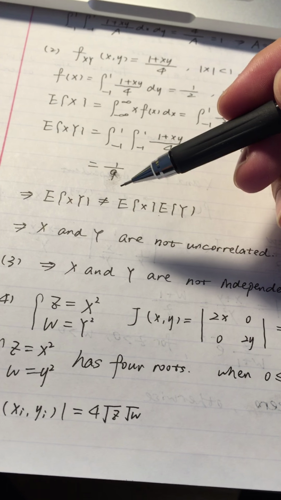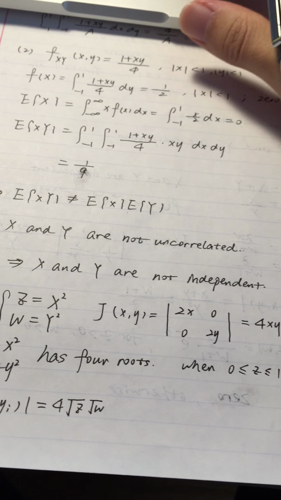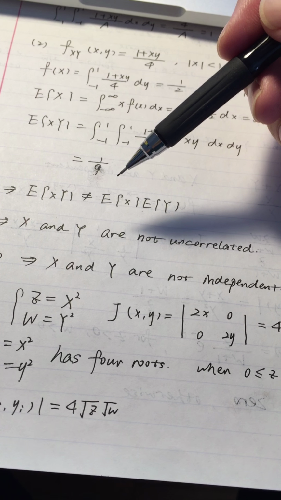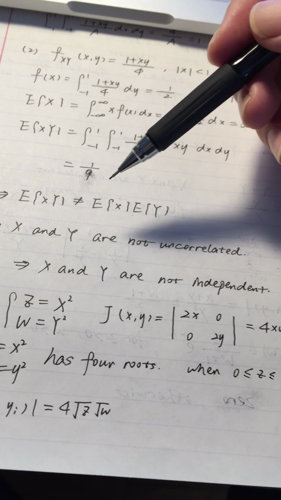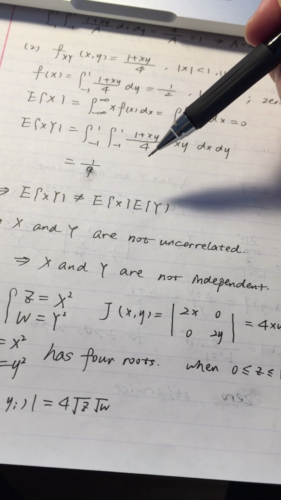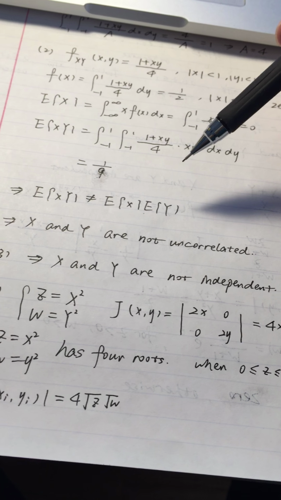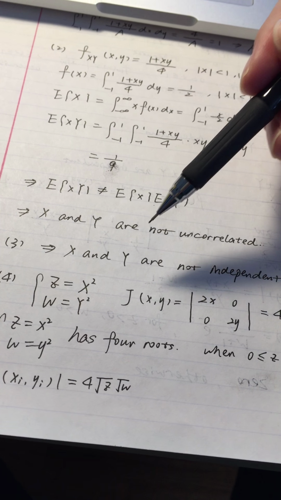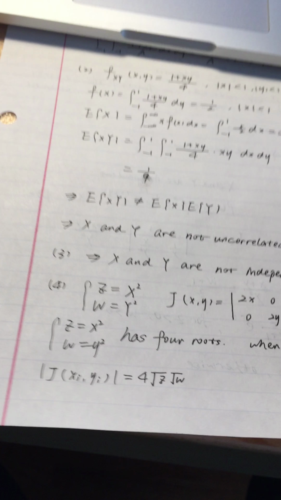So it is obvious that the expectation of x multiplied with y doesn't equal the expectation of x multiplied with the expectation of y. So they are not uncorrelated. So of course they are not independent.